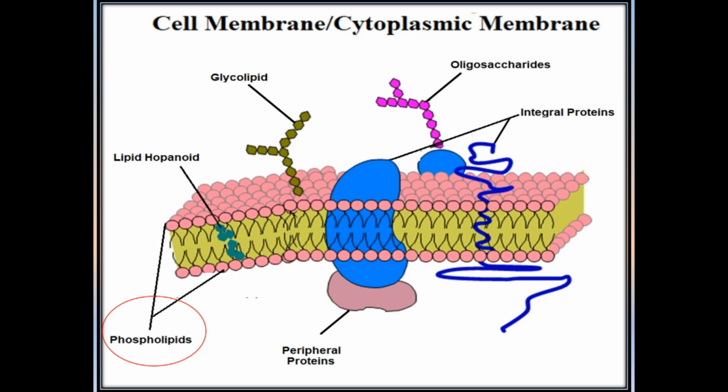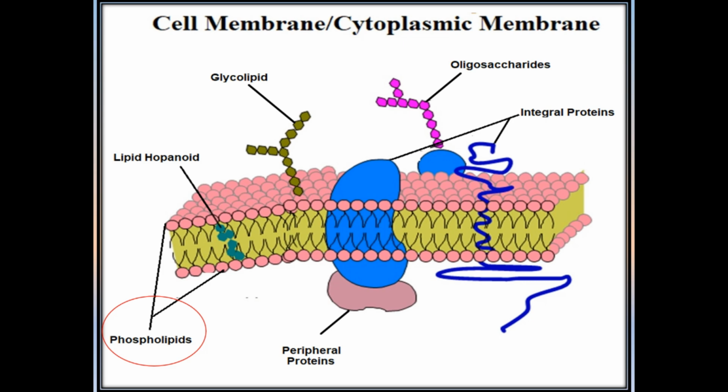If we observe a single phospholipid of each layer, it is composed of two portions: a head and a tail. The head is composed of a phosphate group and is hydrophilic in nature, while the tail is composed of fatty acids and is hydrophobic in nature.